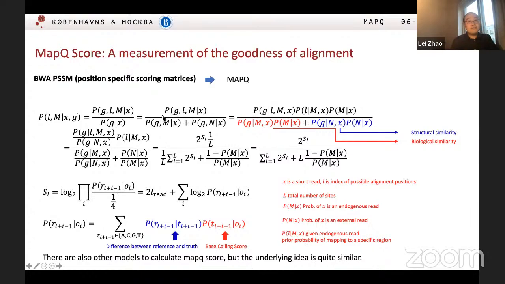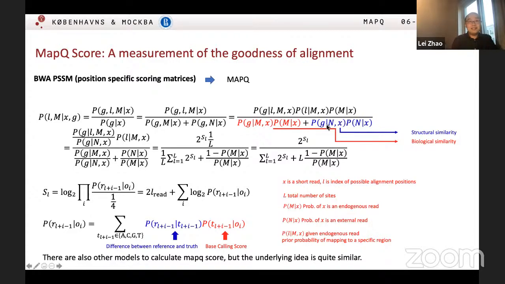So when we know the reference genome, we can calculate each of the map quality score terms. And the denominator is divided into two parts. One is whether these short reads come from the external genome. So this is a prior probability that it comes from an external genome.